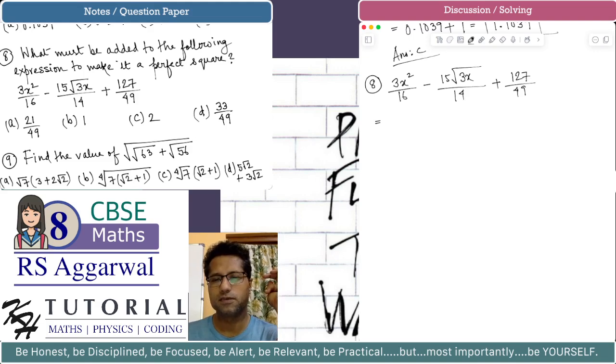Now 3x square by 16 can be written as square root of 3 whole square, and we have x square, and 16 is 4 square, minus 15 square root of 3x by 14.